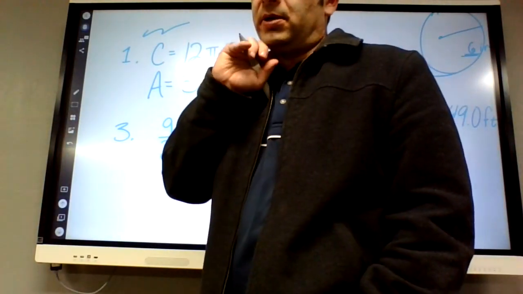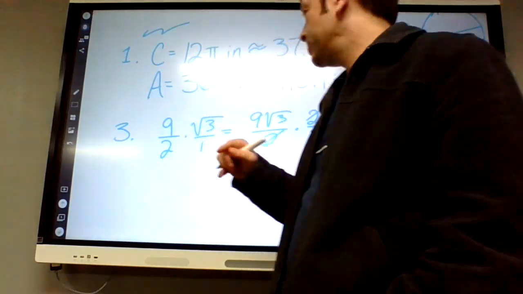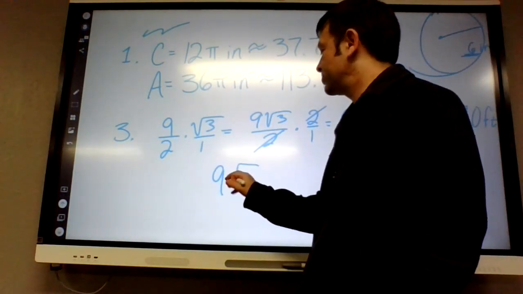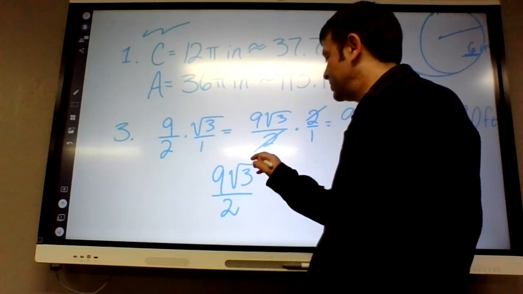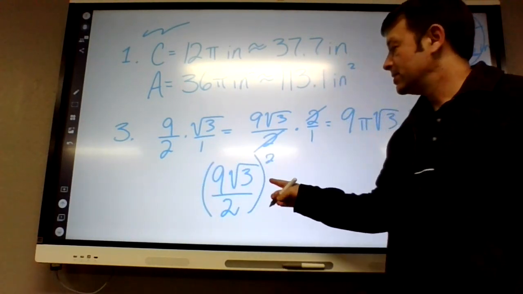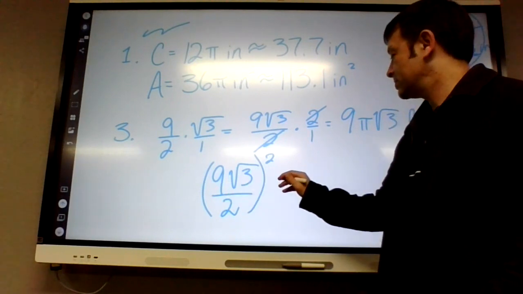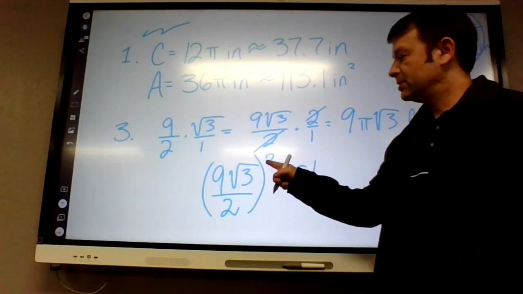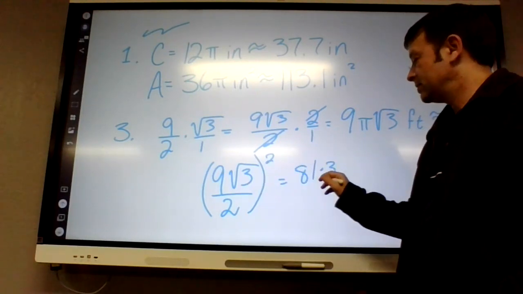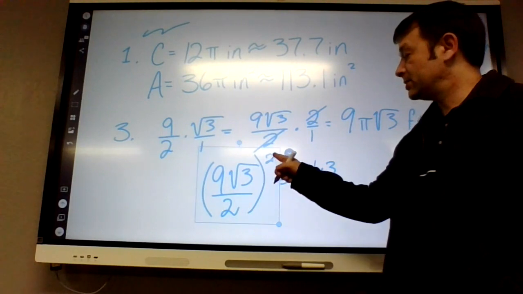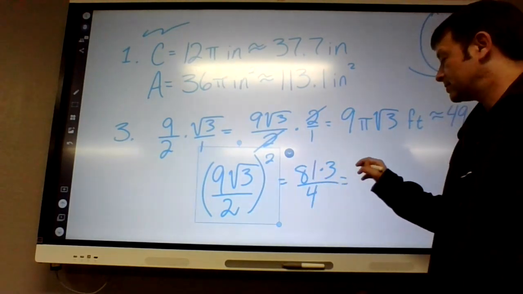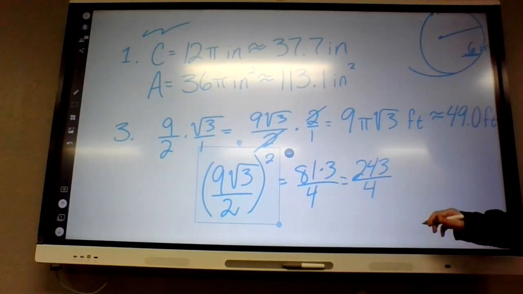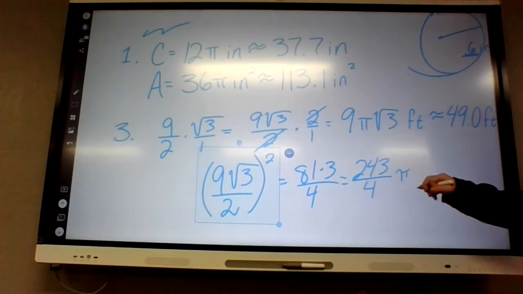And then the area, pi r squared. So, it's a little bit hard to square this thing, but basically you just square everything in there. So 9 squared is 81. Square root of 3 squared is 3. And 2 squared is 4. So it's like 243 over 4. Times pi, of course.